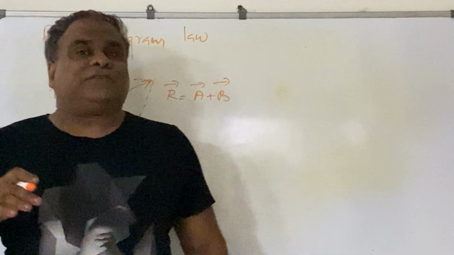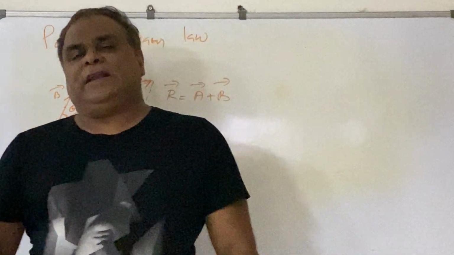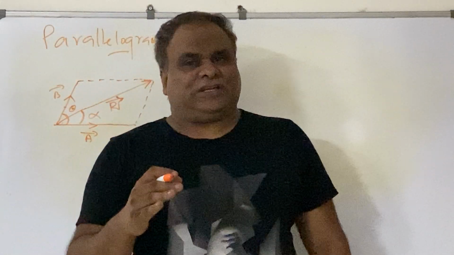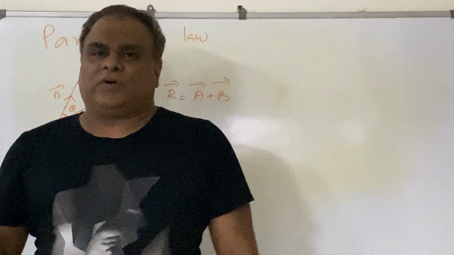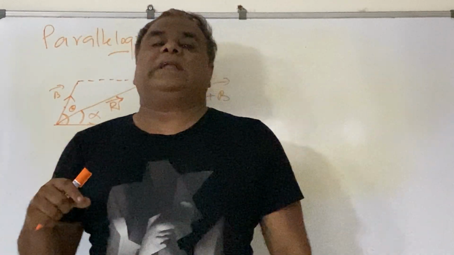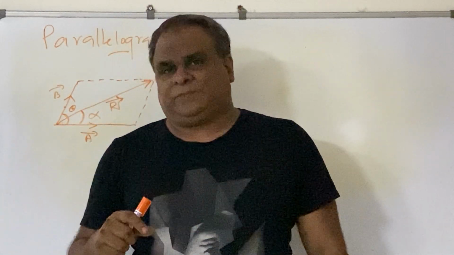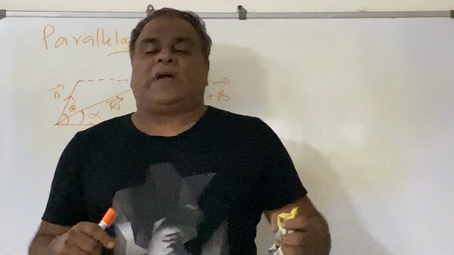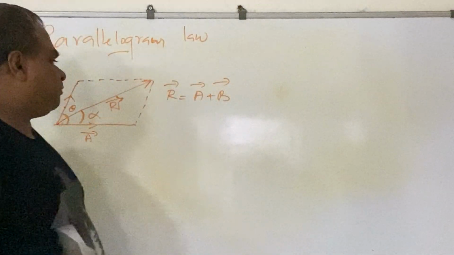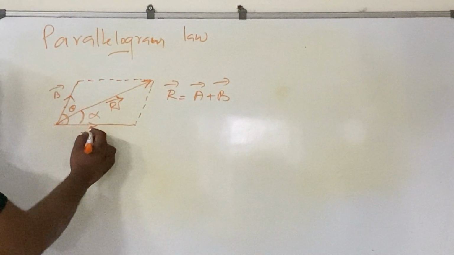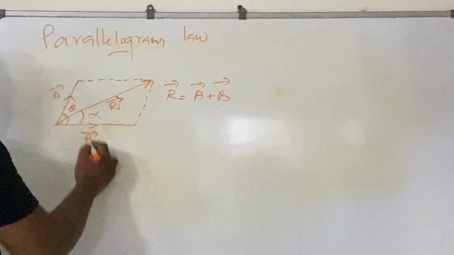If two vectors are represented in magnitude and direction by the adjacent sides of a parallelogram taken in reverse order, then the sum is represented in magnitude and direction by the diagonal of the parallelogram drawn from the same point. You understood? Now, these two vectors are not in order.